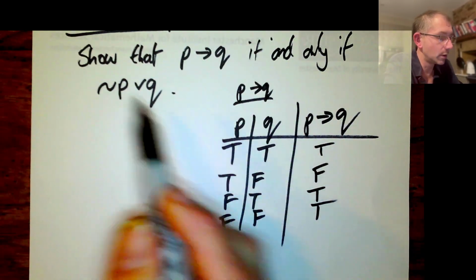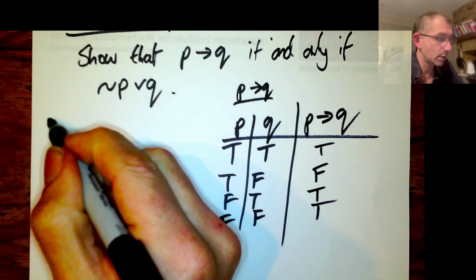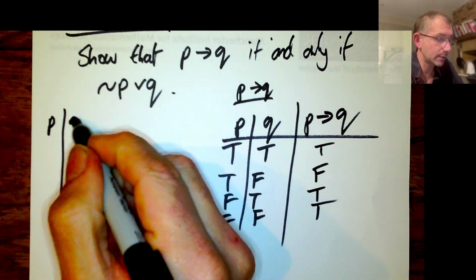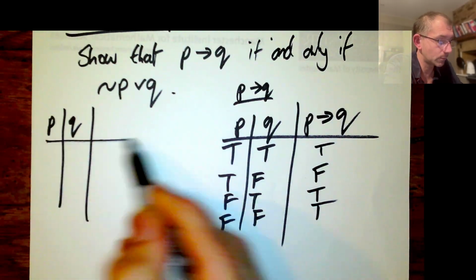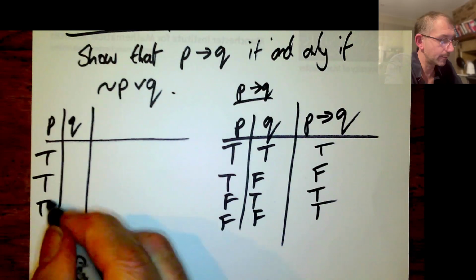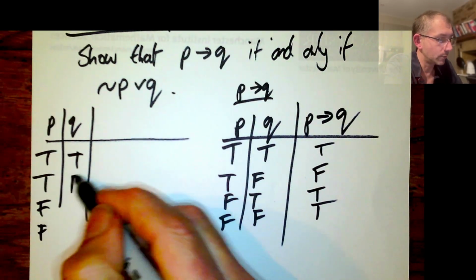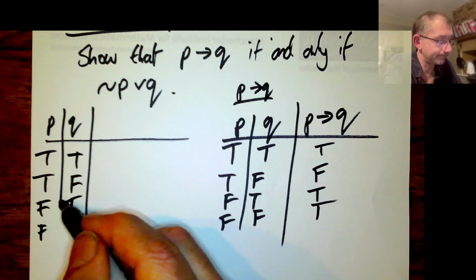Now let's do this one. And I want to do it slowly to illustrate the way that you build up more complex propositions, the truth values of them from the component parts. So I'm going to start with P, exactly the same, start with P and Q, and we'll take the same true, true, false, false, true, false, true, false.